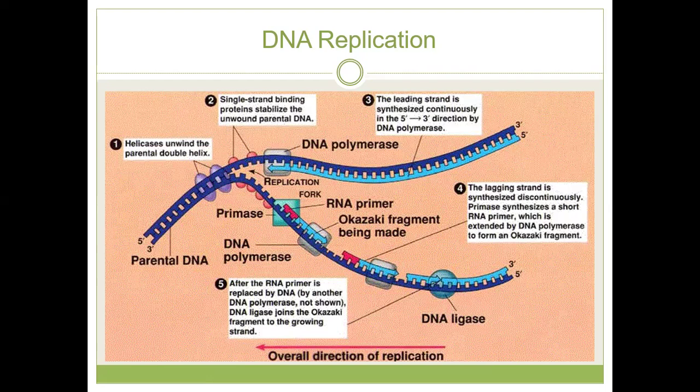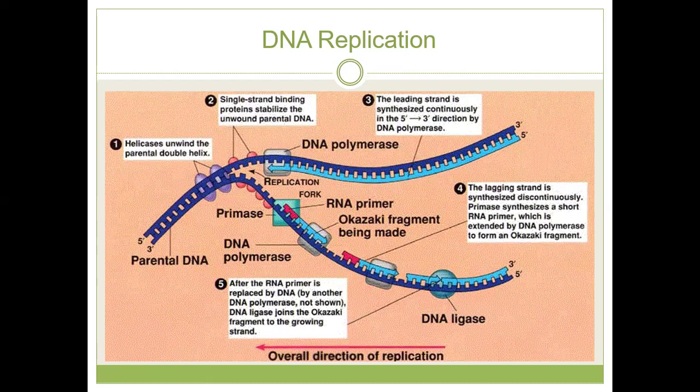Now, single-stranded DNA has the potential of rehybridizing again, and rehybridizing of the DNA double strand can prevent the process of DNA replication. Therefore, another set of proteins called single strand binding proteins will bind to stabilize the single strands, preventing them from coming back to anneal or hybridize.